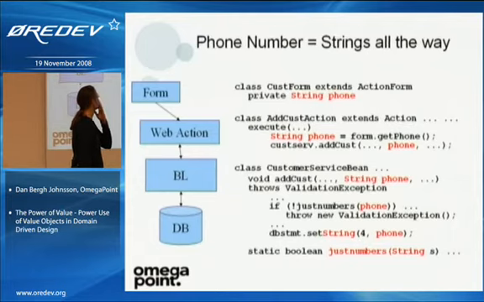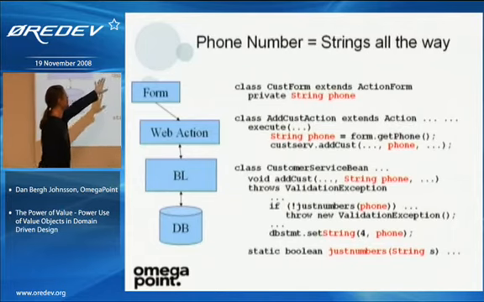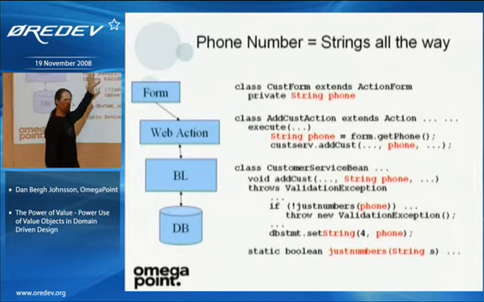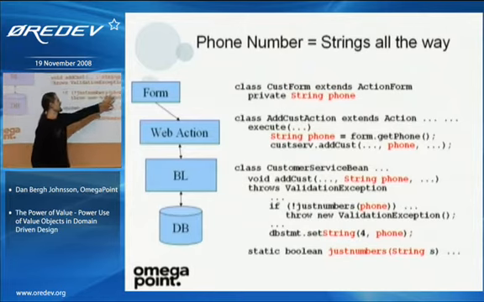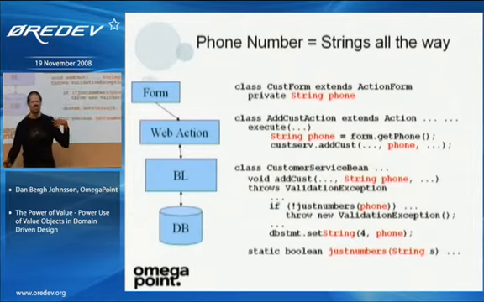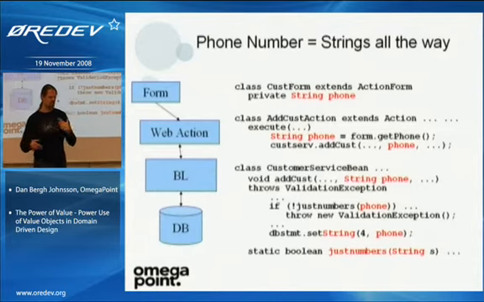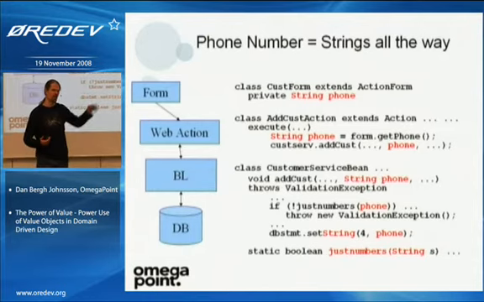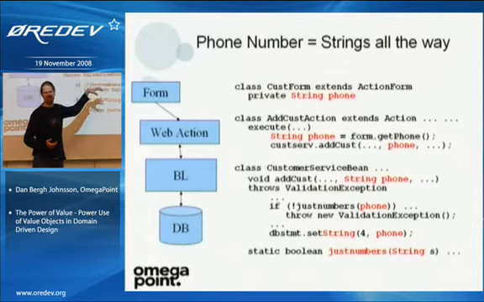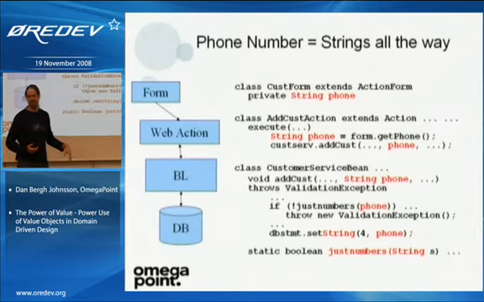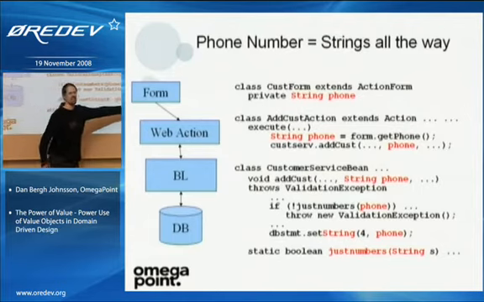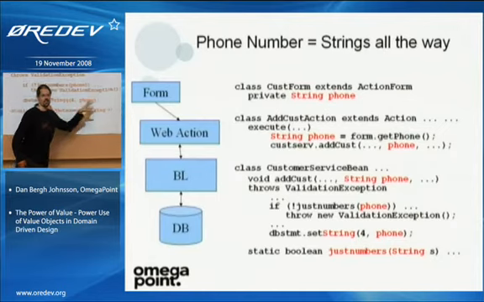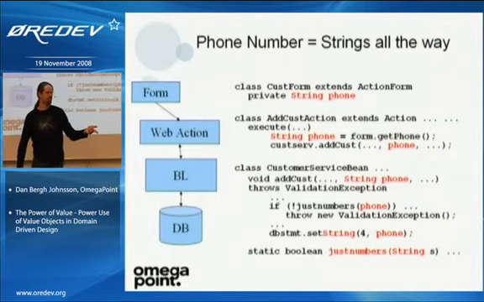For example, here we've got some weird, a little bit awkward code. Down in the business tier, we've got some kind of validation through a validation exception. It doesn't feel like that's really business logic, but we have to have it there to protect the business logic from a malformed string getting through. Also, we might have a private static boolean justNumbers, checking that the string passed in is actually just numbers.